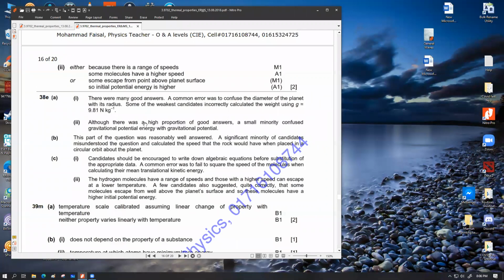Well, that's what they meant. Essentially, that's what they meant by stating that the individual kinetic energies of the particles are going to be different. That's what they meant by a range of speeds, essentially.